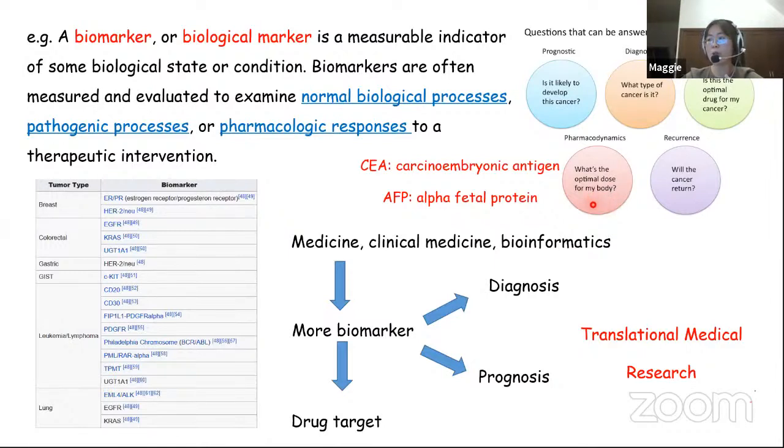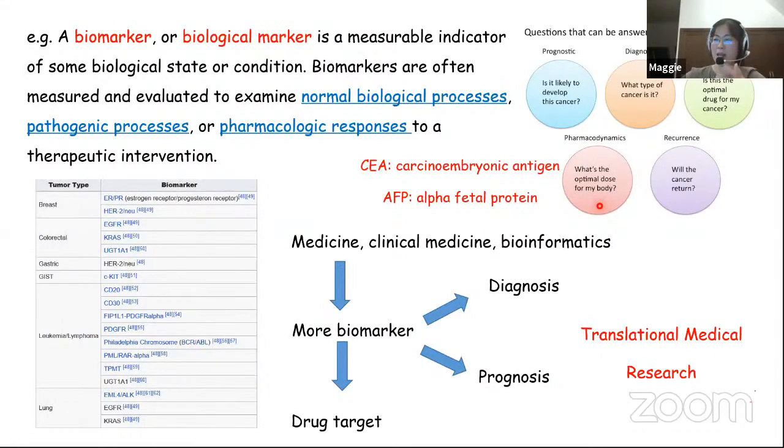So it helps to adjust the optimal doses for the treatment of disease. And last, biomarkers can also be used for the prediction of recurrence in patients. If they have a high level of some biomarkers, it may predict that this cancer will return in these patients in the future.